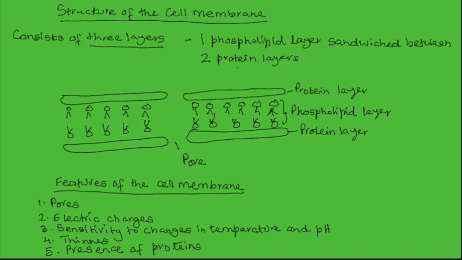Then by the very nature of this cell membrane, particularly the protein, the cell membrane is sensitive to changes in temperature and the pH of the surroundings. Then the thinness. The cell membrane is quite thin, and this has a great influence on the rate at which materials will be moving into and out of the cell.